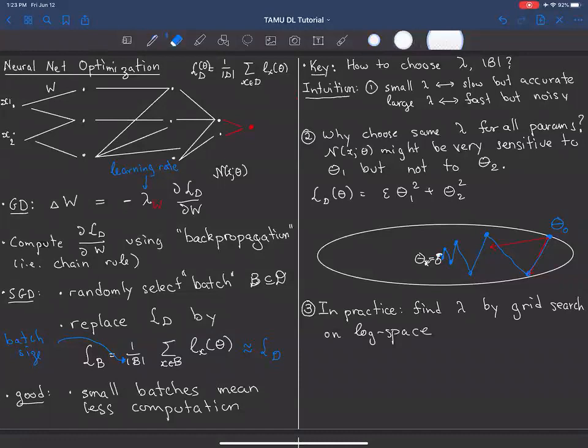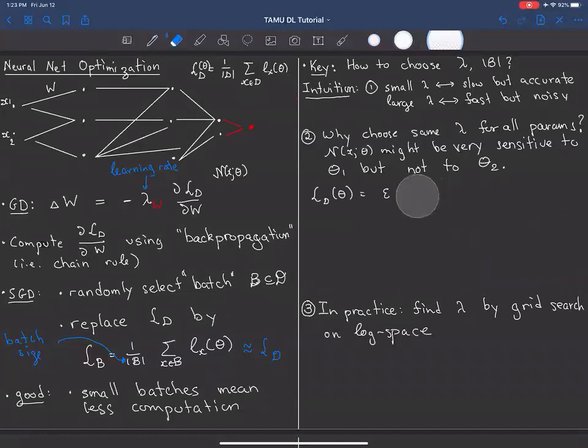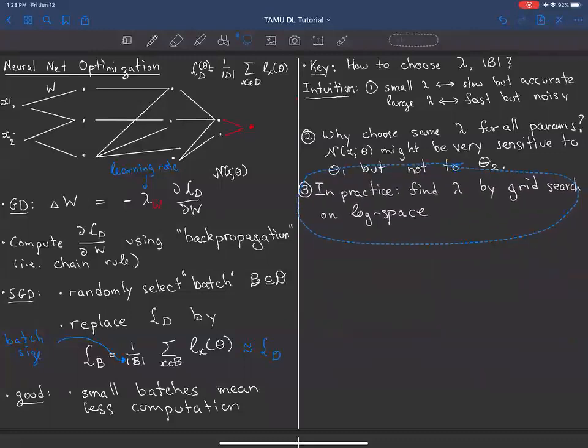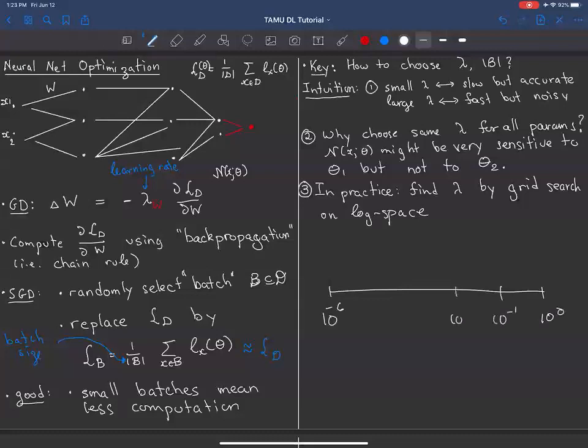I will erase this picture so that I can show you what it means here. Let me just move this up so that it looks a little nicer. So what this means is you might say, a priori, I think lambda is going to be between 10 to the negative 6th and 10 to the 0. And I will just have equally spaced points in log space. I didn't do a great job of making them equally spaced, but you know what I mean.